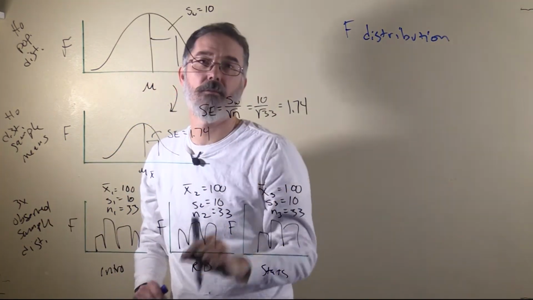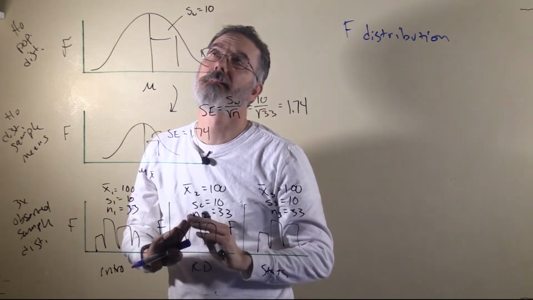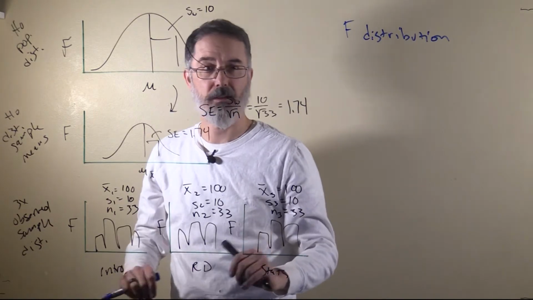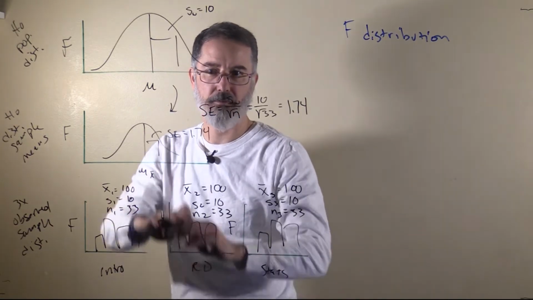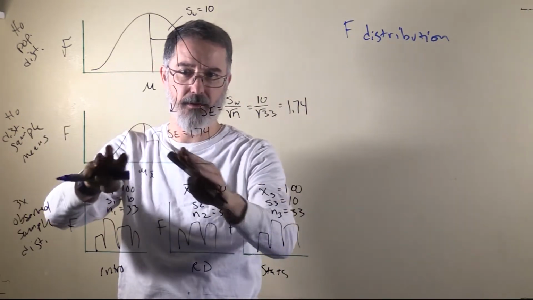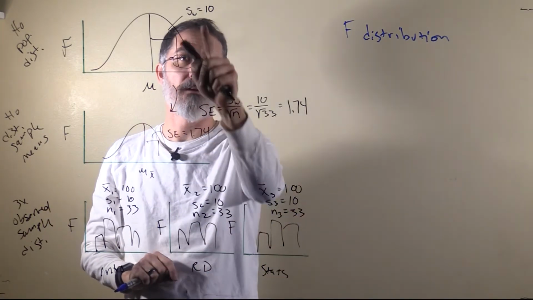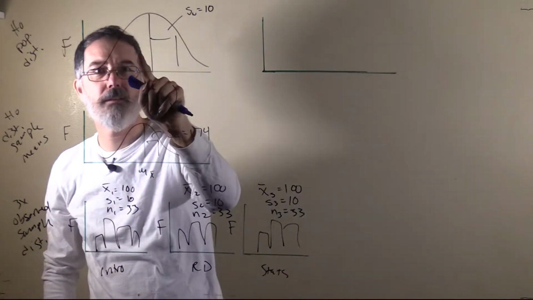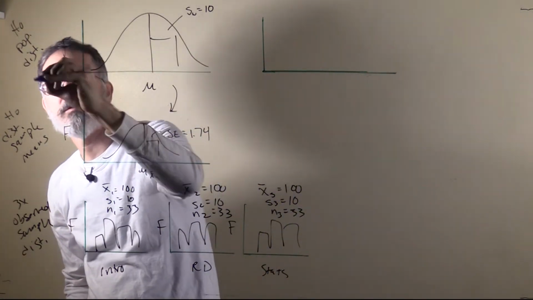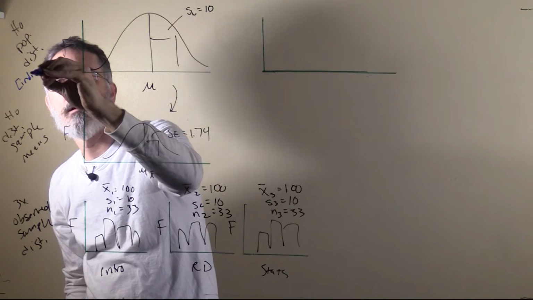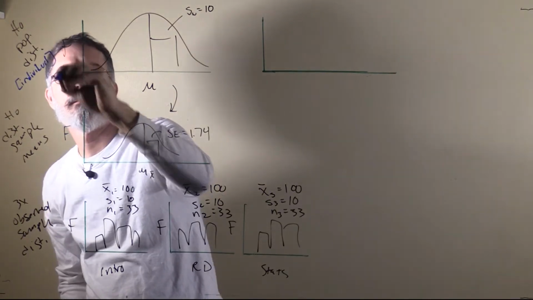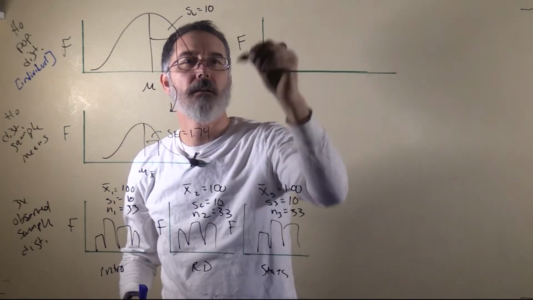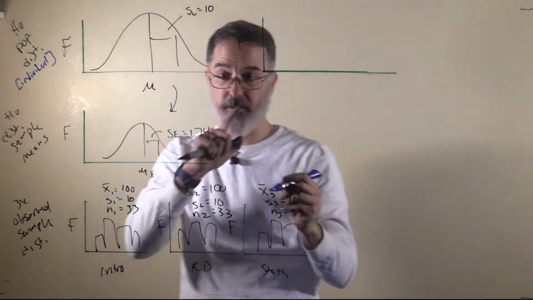Notice that 1.74 was the same standard error estimate that we got when we did Tukey's post hoc test, the HSD test. And so it's really just the standard error that you expect in the sampling distribution with this population standard deviation. So I want to remind you that this is a population distribution of individual scores, because now we're going to create a different kind of distribution up at the population level.